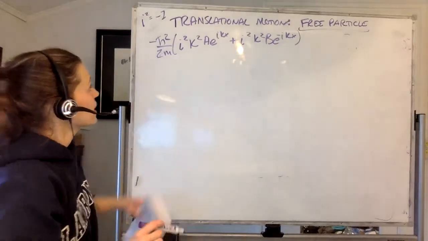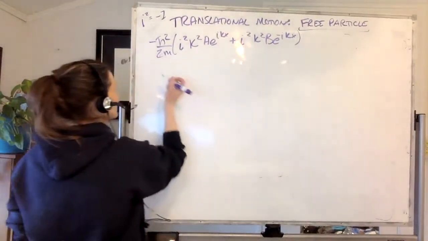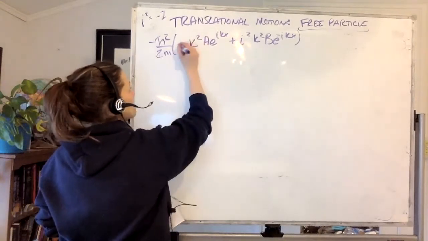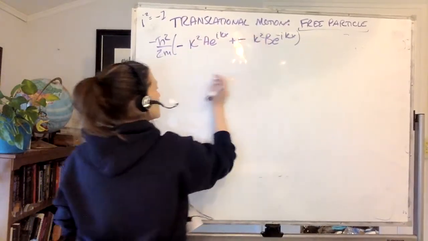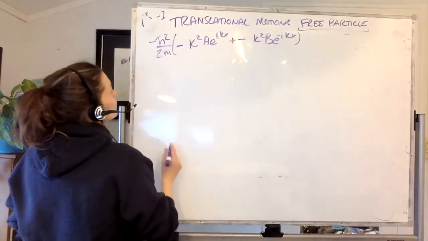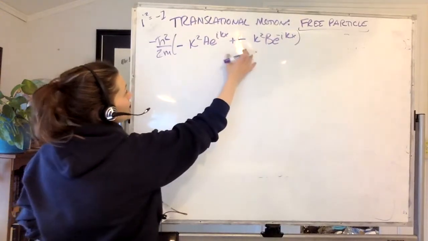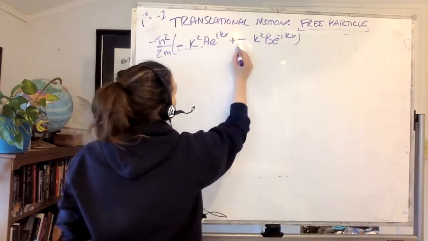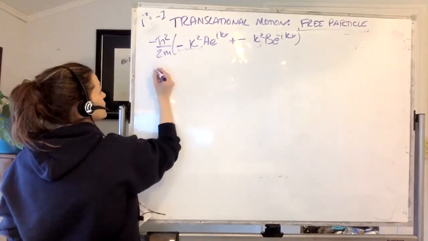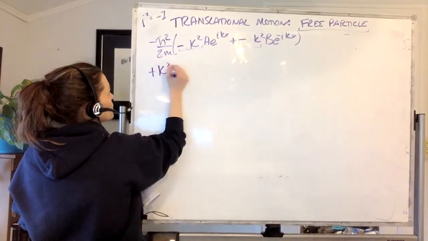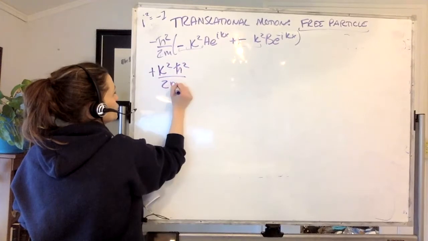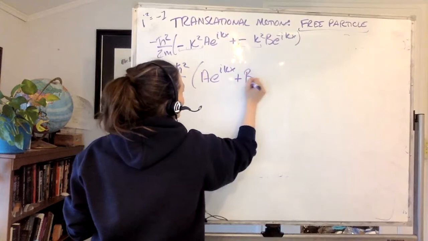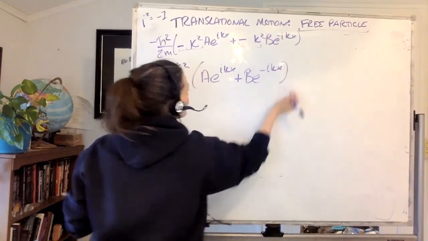So if you square it, you get minus 1, which makes both of these a minus sign. So I'm just going to erase this and put a minus sign, and erase that and put a minus sign. You might want to rewrite it underneath. So what I can do is take out a minus k squared and a minus k squared. I can factor that out, which gives me a positive k squared h bar squared over 2m times the quantity a e to the ikx plus b e to the minus ikx.